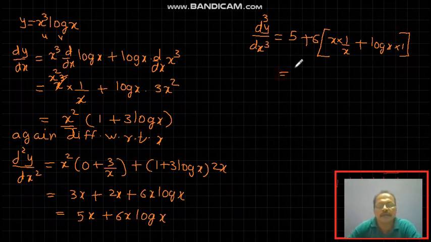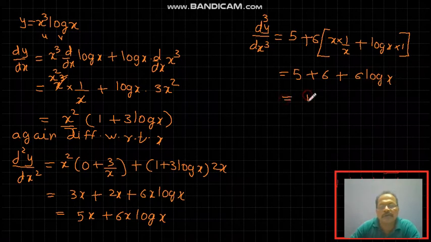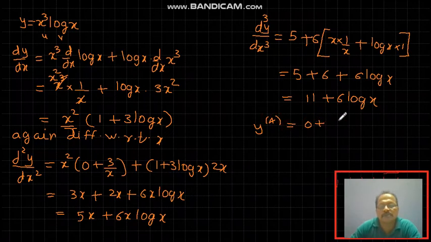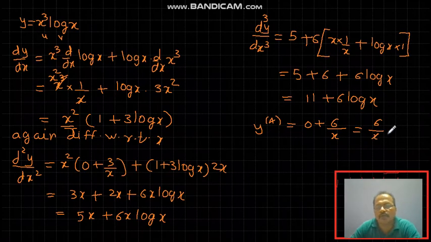So we get this equal to 5 plus 6 plus 6 log x, and your third derivative is 11 plus 6 log x. Here I can find the fourth derivative also, it is 0 plus 6 upon x. Fifth derivative is 6 into derivative of 1 by x, that is minus 6 upon x square, and so on.